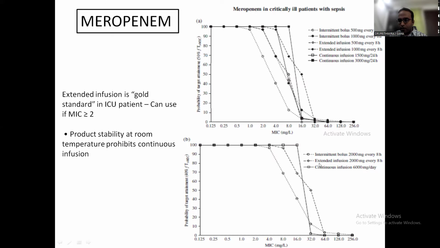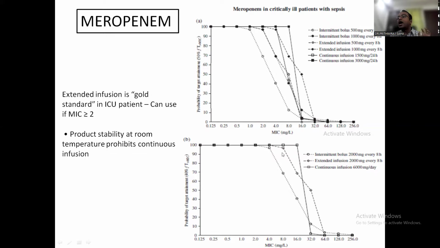Now if you come down here, you give 2 gram TDS. This is the circle. In 2 gram TDS, if you are giving a bolus, you are covering between 4 to 8. But if you give an extended infusion over 3 hours, you are covering between 8 to 16. So draw a straight line from 90%.